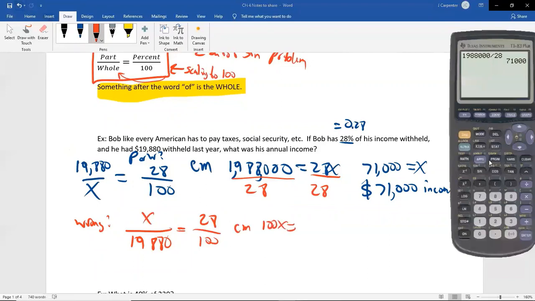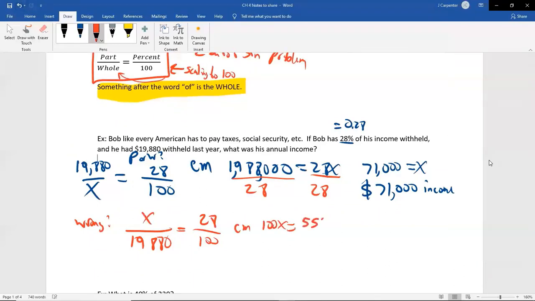I'm going to go ahead and just write that. 28 times 19,880, 556,640. Then we'll divide both sides by 100.